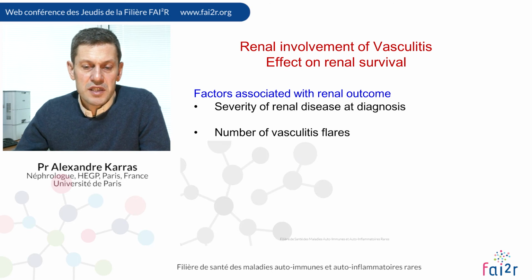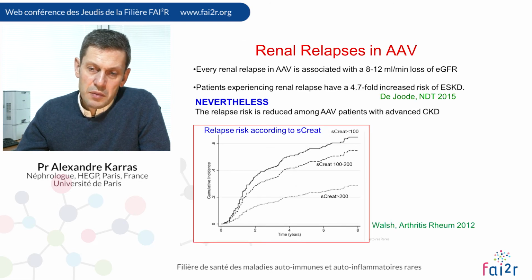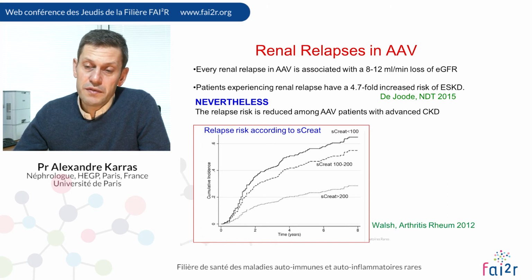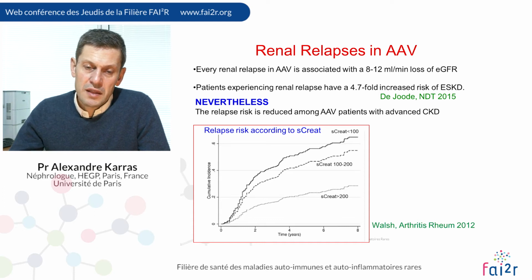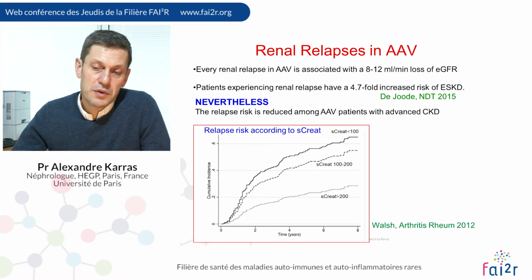Besides the severity of renal disease, the number of vasculitis flares during follow-up is very important for predicting the outcome. We know that each relapse is associated with an 8 to 12 milliliters per minute loss of eGFR, and the patients that experience renal relapse have an almost 5-fold increased risk of end-stage renal disease.